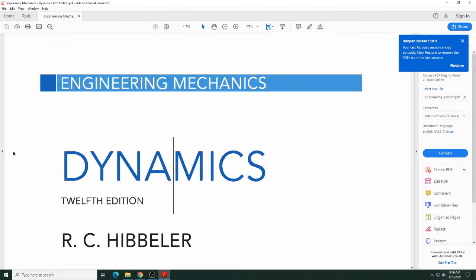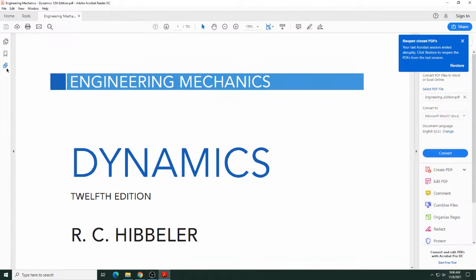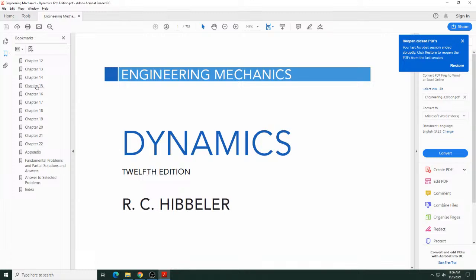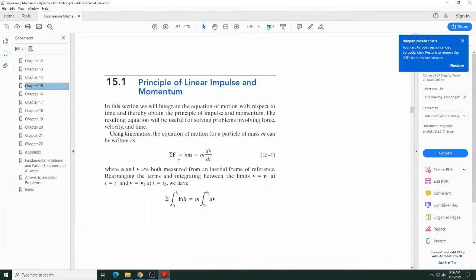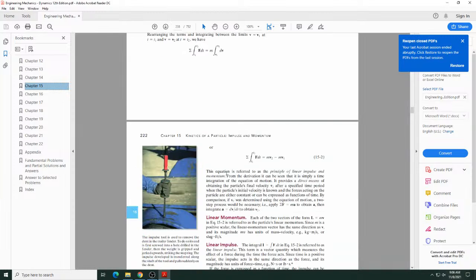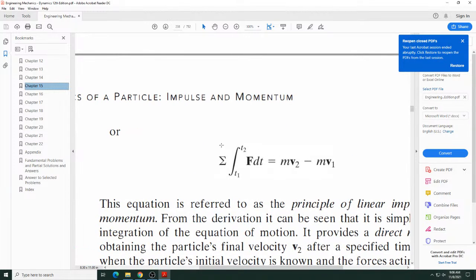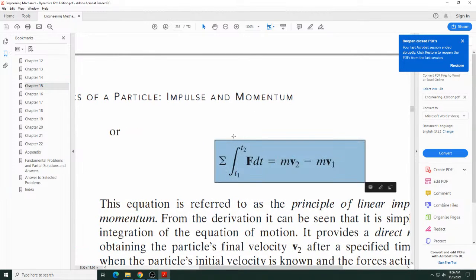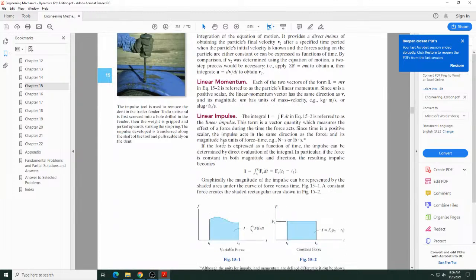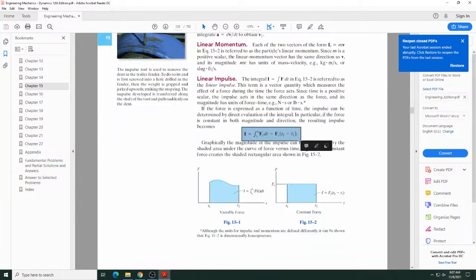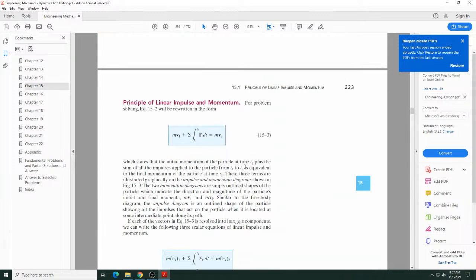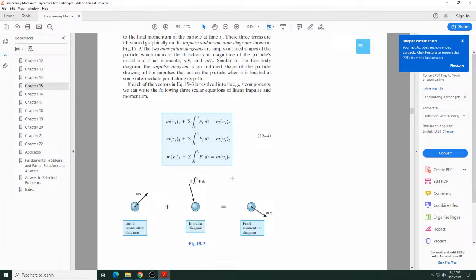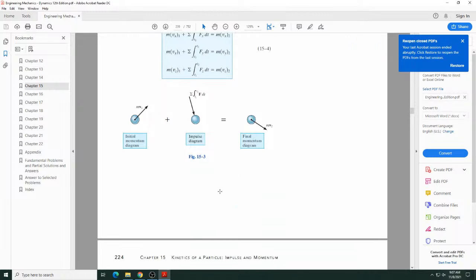Okay, we run over to, or somehow get to, chapter 15. What we find out is what we talked about the other day, this momentum term, and we figured out this linear impulse. Now we move to a group of particles.